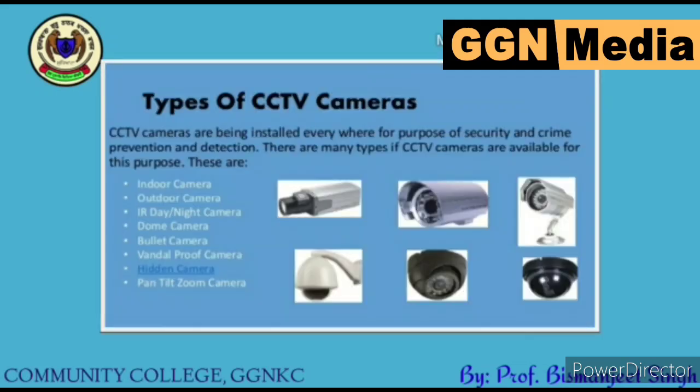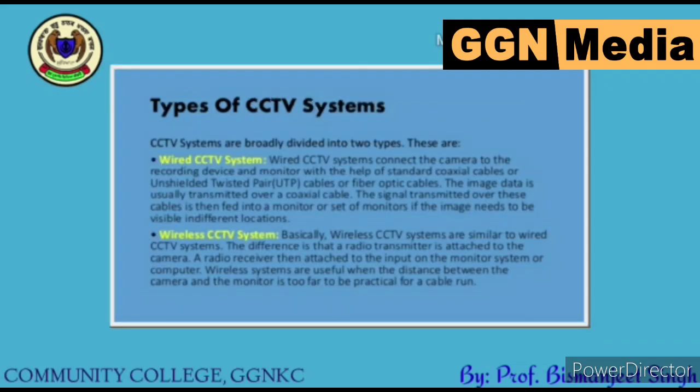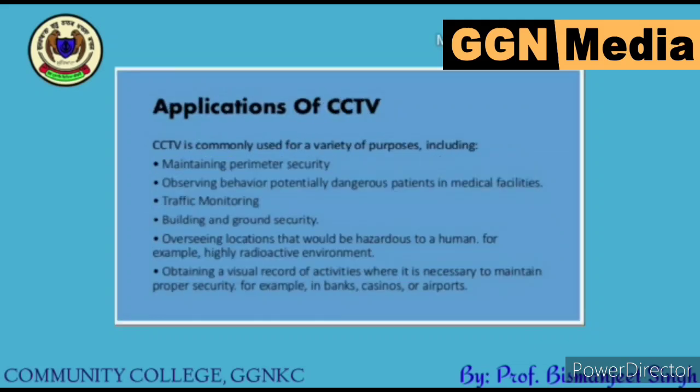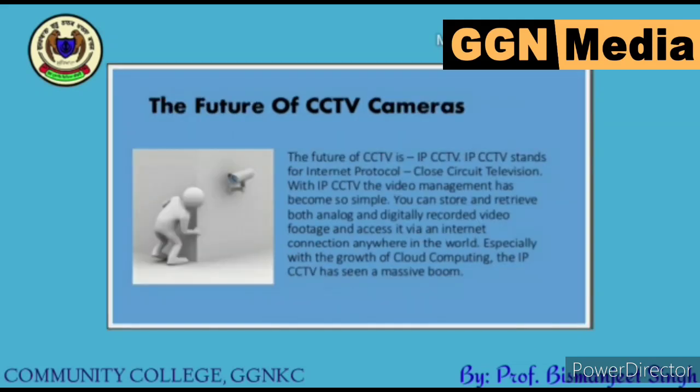Types of CCTV: indoor, outdoor, IR, bullet, hidden cameras. They can be wired or wireless. The wireless ones are used with Wi-Fi. They can be used for maintaining security and traffic monitoring. IP, Internet Protocol CCTVs.